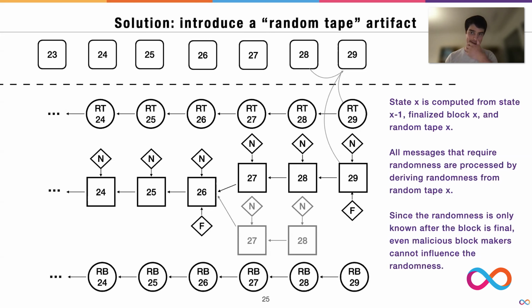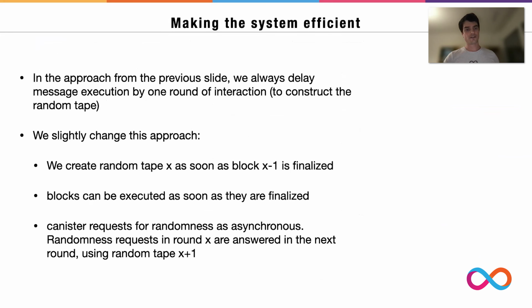It's set in stone. And only then is the corresponding randomness computed that my bet will be executed against. So even if the block makers are colluding or influencing things, this does not help in trying to win the game. Okay, so this is a secure solution.